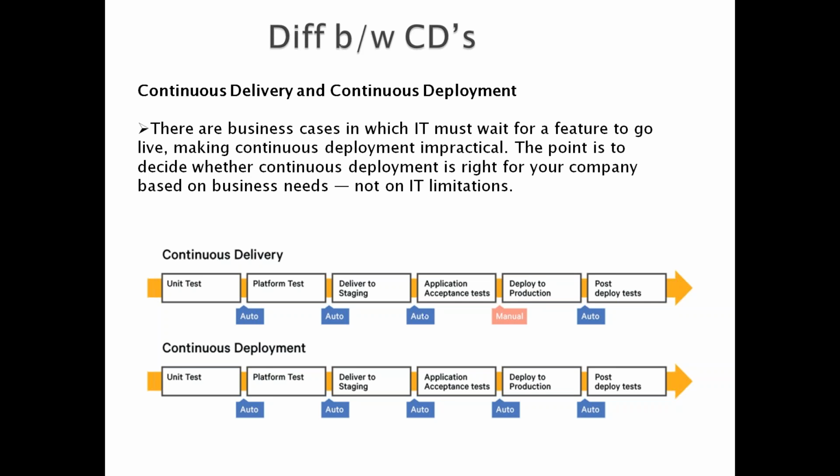What they do is they have all the phases automated, but not the production environment. That type of environment is called a continuous delivery environment. If you have an environment whose deployment to production is also automated, then it's called continuous deployment.